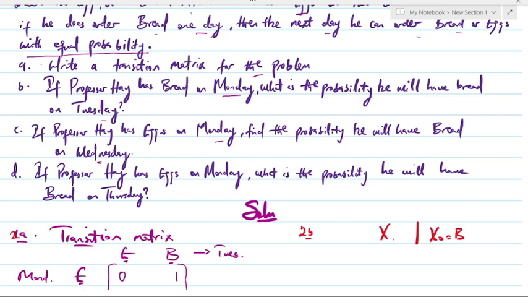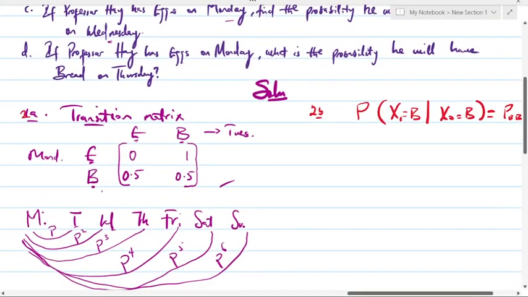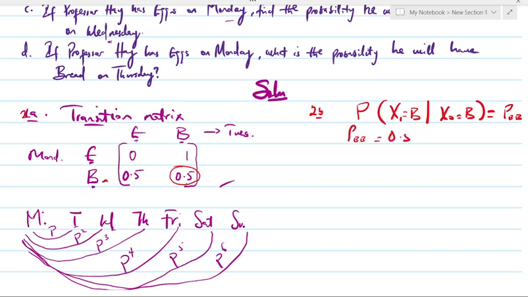That is Monday to Tuesday, that is X1, which is bread on Tuesday. That is the transition probability from bread to bread. So from bread to bread, that will be 0.5. That is very straightforward.